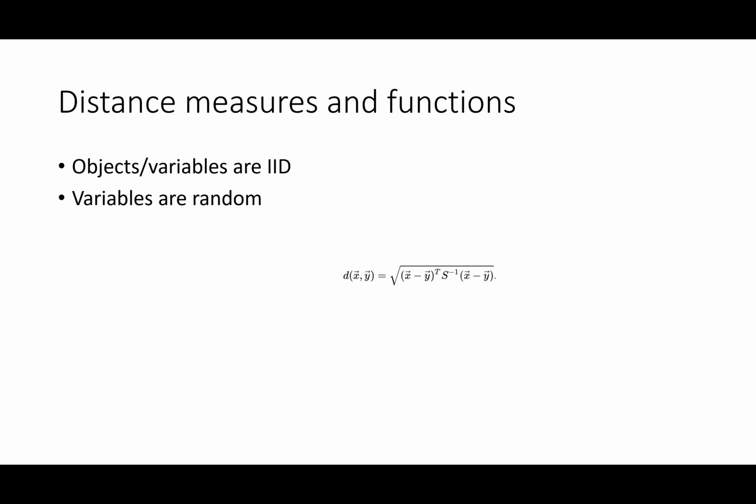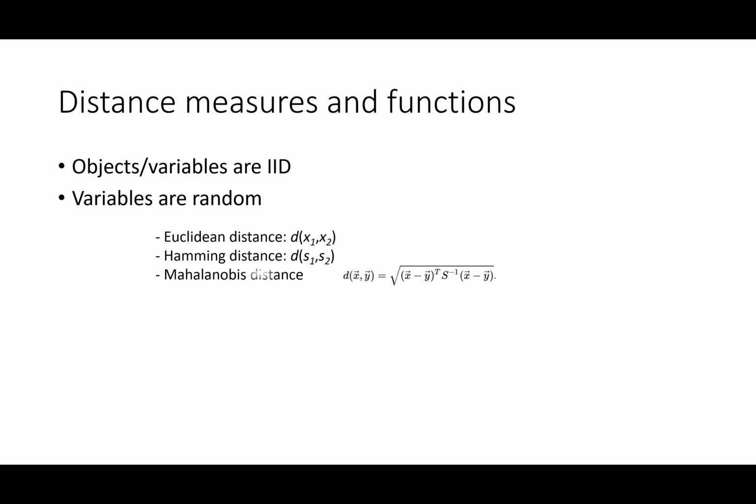So for the distance measures, you can review the different distance measures, distance functions, similarity functions or dissimilarity functions. And when you use them, very importantly, you need to look at the basic settings and assumptions, whether the assumed objects or variables are IID, or put another way, whether variables are random.